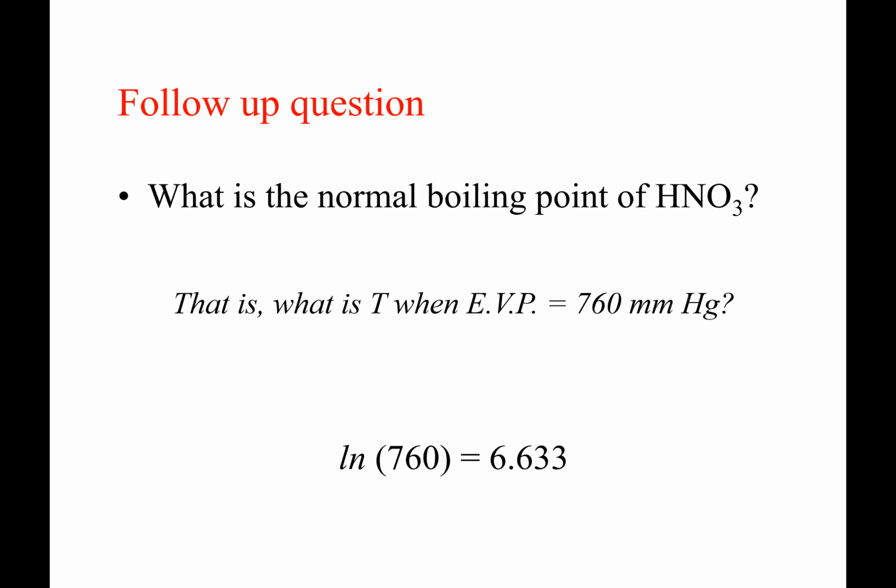So to tease it out, we're going to have to take the natural log of that 760. So along our y-axis, we're going to find the value 6.633. Actually, now I remember I have it in my slides, so we'll have to go back to it. So along the y-axis, we're going to pick out 6.633.